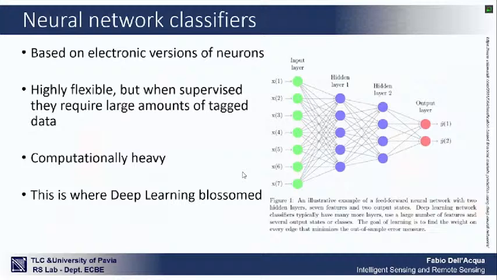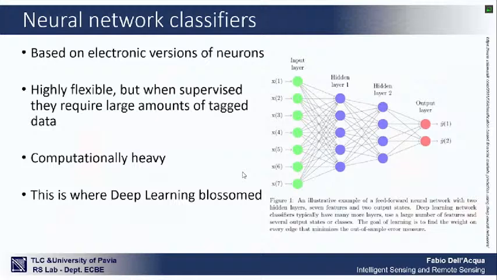And then, generally, when you have a classification, it means that you have an output layer composed of as many neurons as the classes that you are trying to distinguish. So that, based on the level of excitation of each of those neurons, there will be generally one which gives an output far higher than the others, and that basically defines the class that the network believes it has identified.